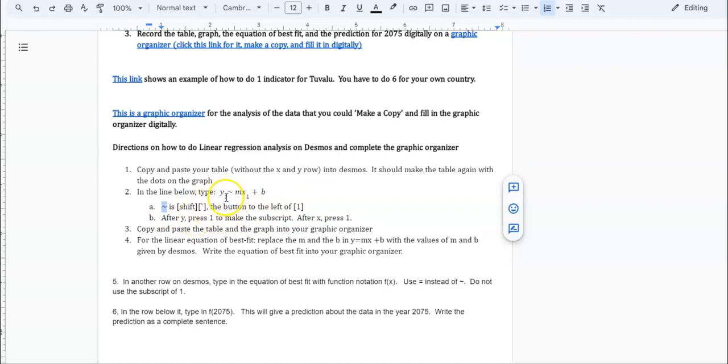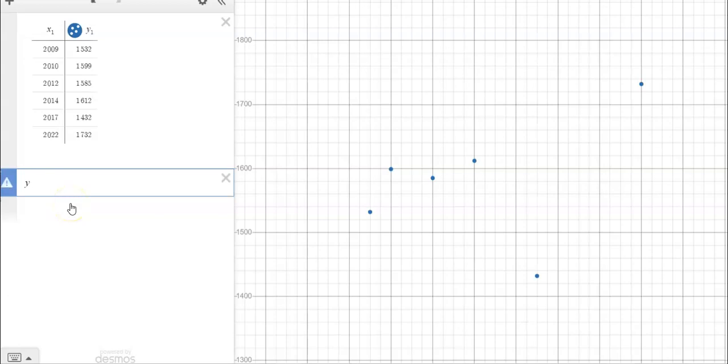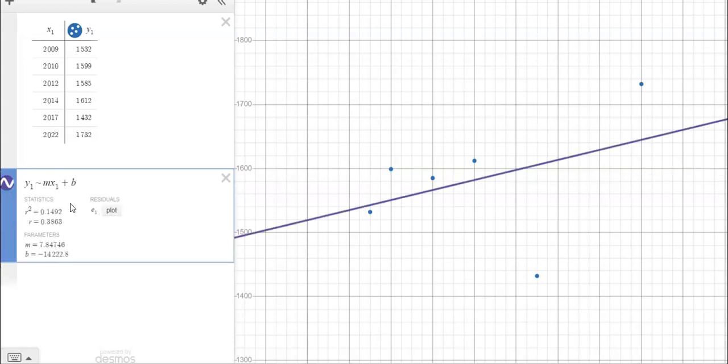And then to create the little subscripts, you just press the number 1 after you press the letters Y and X. So that means Y1 ~ MX1 plus B. Instead of Y equals MX plus B, which is the linear equation, it's Y is similar to MX plus B. This means similar because equals would be a line that actually touches all these points, and instead it doesn't. Notice this trend line doesn't even touch any of these points.